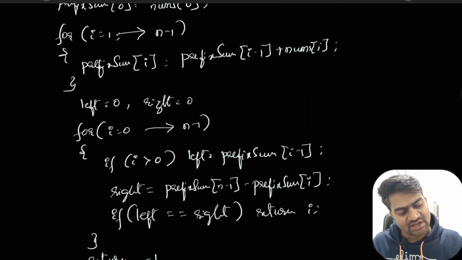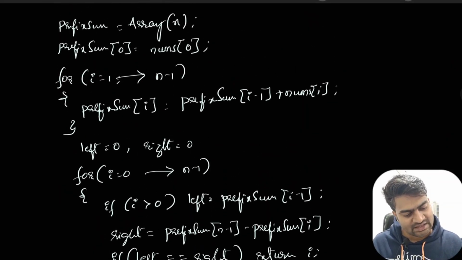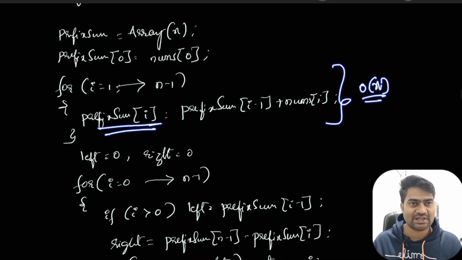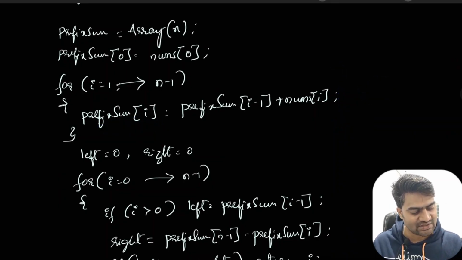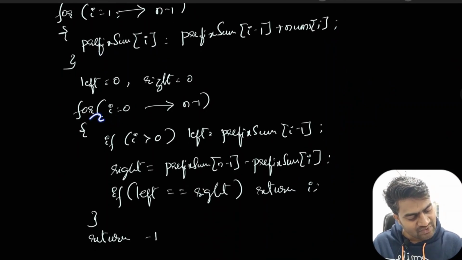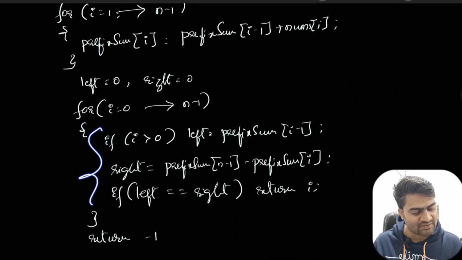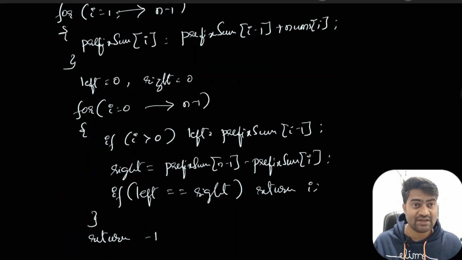Now if you see what is the time complexity, basically it is of order n to find the prefix sum, correct, right? So this is order n. Then we again iterate over the entire array and find the left and right values, basically prefix and suffix values, and check whether those values are equal or not.